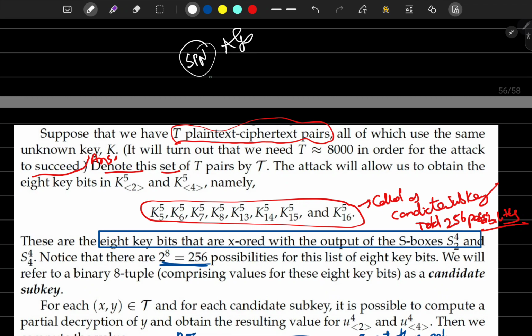Since we are talking in terms of linear attack, let's assume ourselves to be an eavesdropper or some scammer or hacker. So let's say somehow somebody gave us these t plaintext-ciphertext pairs. Using these things now.